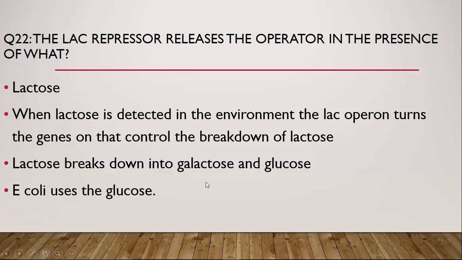And this is so, for example, E. coli is going to use glucose, not the galactose. So when E. coli is in the environment, it's going to release the operator when it finds lactose. That way, it can break down the lactose into galactose and glucose so E. coli can use the glucose. Once it's no longer detected, it'll shut that down to preserve energy.